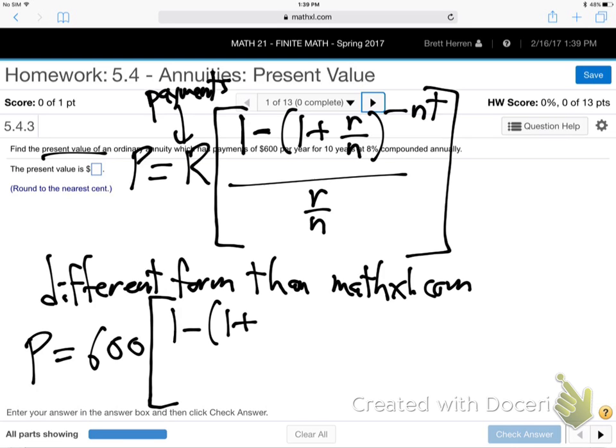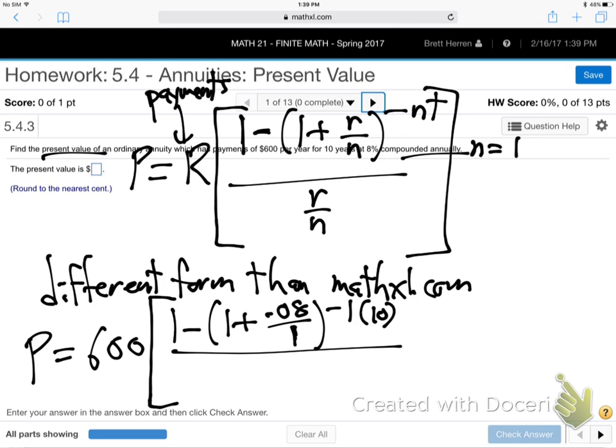Oh, 8%, 0.08. What's the N? Compounded annually. When you compound annually, what's your N? Just once a year, huh? N is 1, to the minus 1 times T. T is 10 years. All over R, 0.08 over N. There we go.